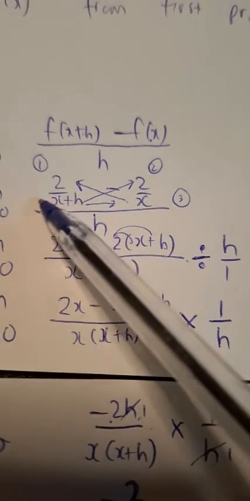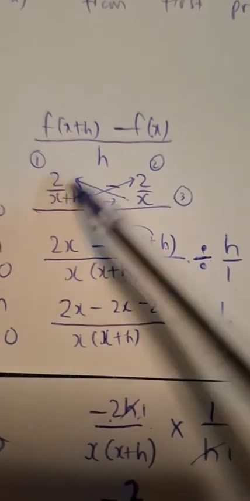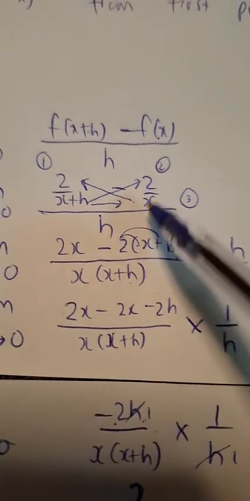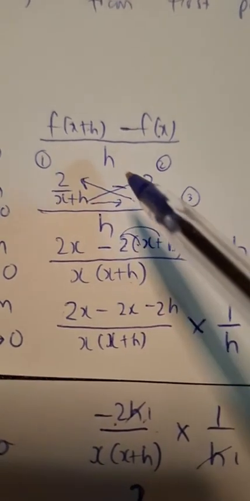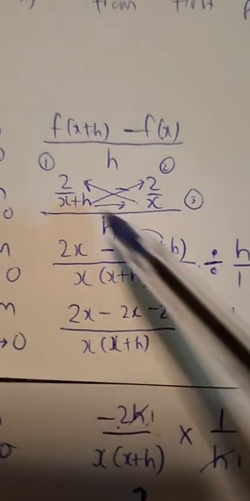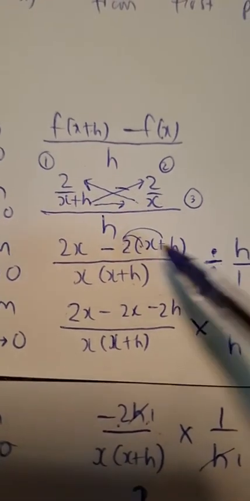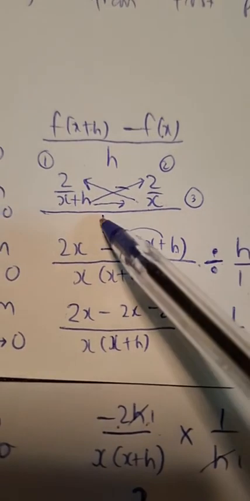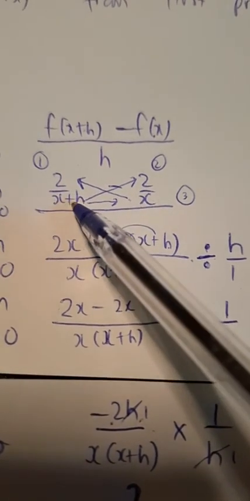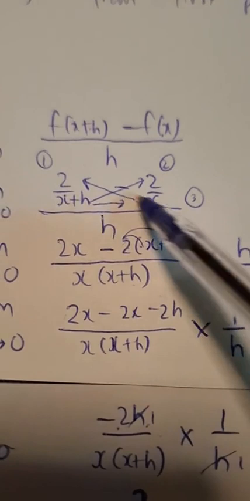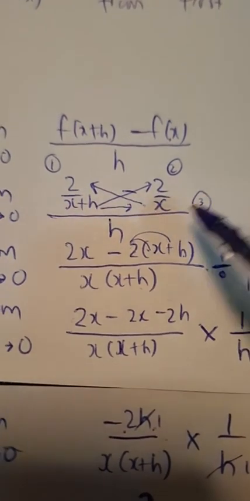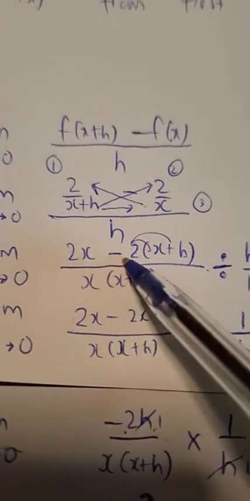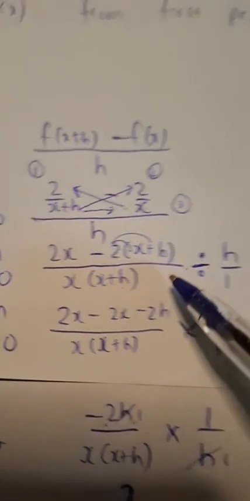Then you can take this denominator x plus h, times this numerator, which is negative 2, which gives you negative 2 into x plus h. The whole thing over what? x plus h times x. You multiply these two for your third step, which will give you x into x plus h.